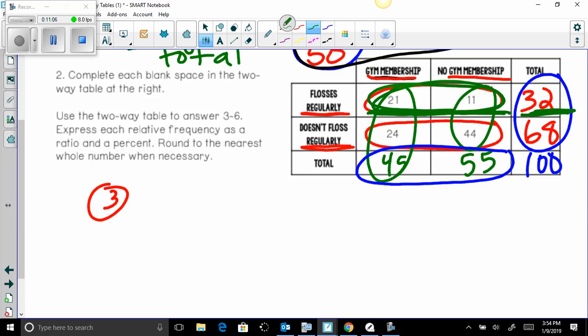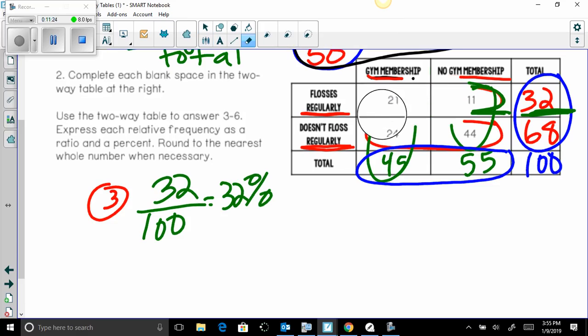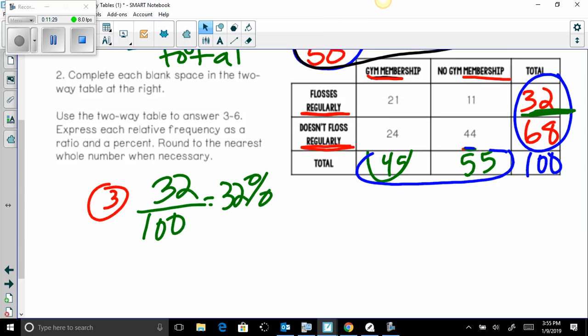A total of 32. 32 over the total amount of people who were surveyed is 100. What is that as a percent? Isn't a percent out of 100? Well, if 32 is over 100, then it's going to be 32%. Let's go ahead and erase some of these lines.